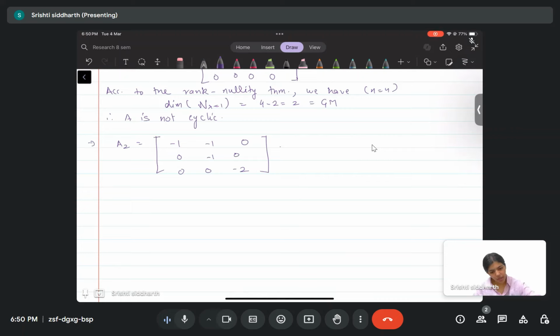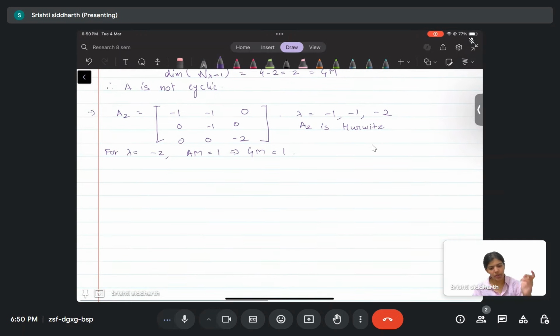You can find out that the eigenvalues are -1, -1, and -2. So A2 is Hurwitz. And for lambda equals -2, algebraic multiplicity is already 1, which implies geometric multiplicity is also 1. So we have to check geometric multiplicity for lambda equals -1.